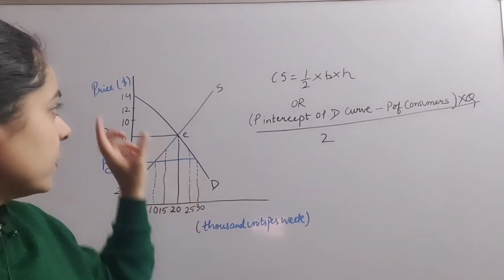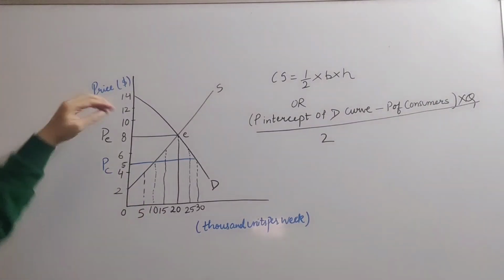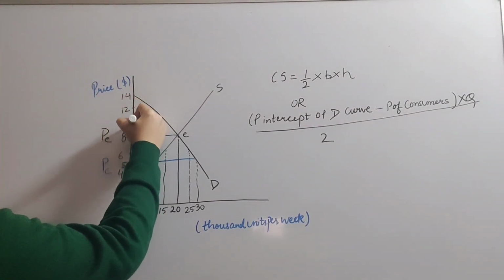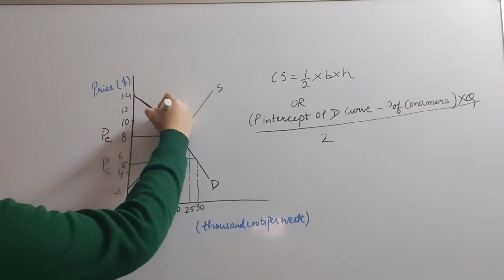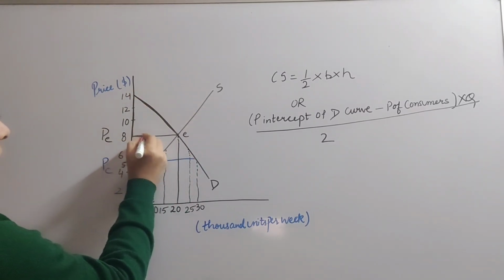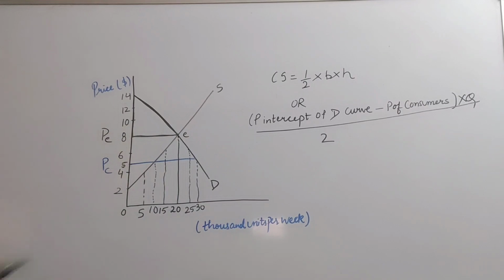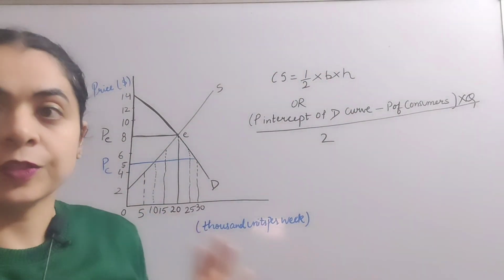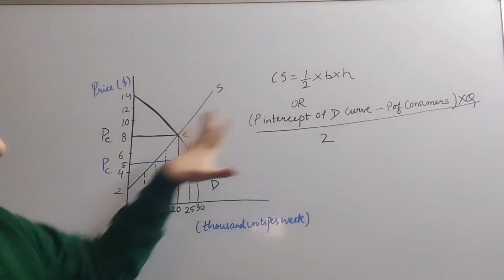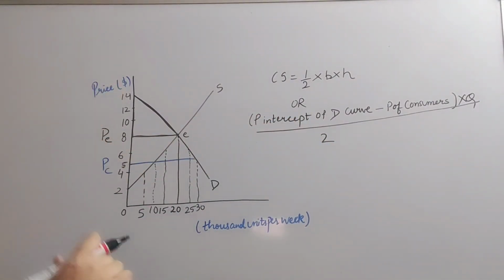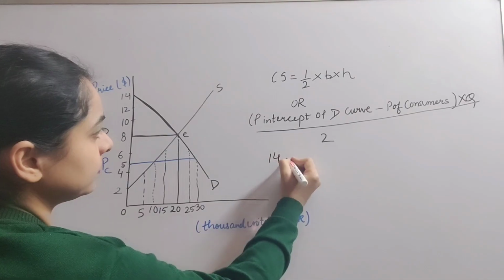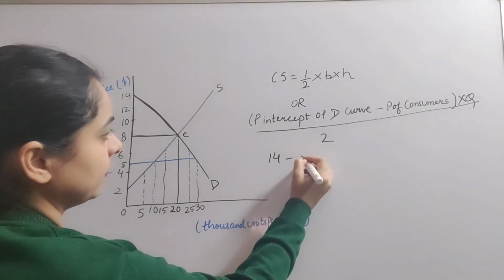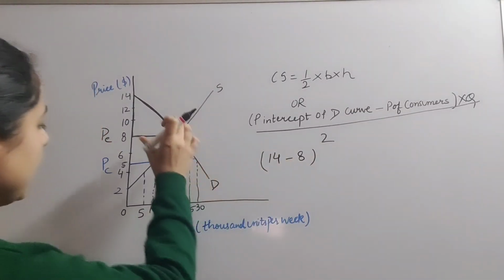We can calculate consumer surplus as the area of a triangle. Basically, this consumer surplus here represents a triangle. So, in order to find consumer surplus, we can use this formula: half times base multiplied by height, or we can also write it like this: P intercept of demand curve, that is 14, minus the price paid by the consumer, 8, times quantity.